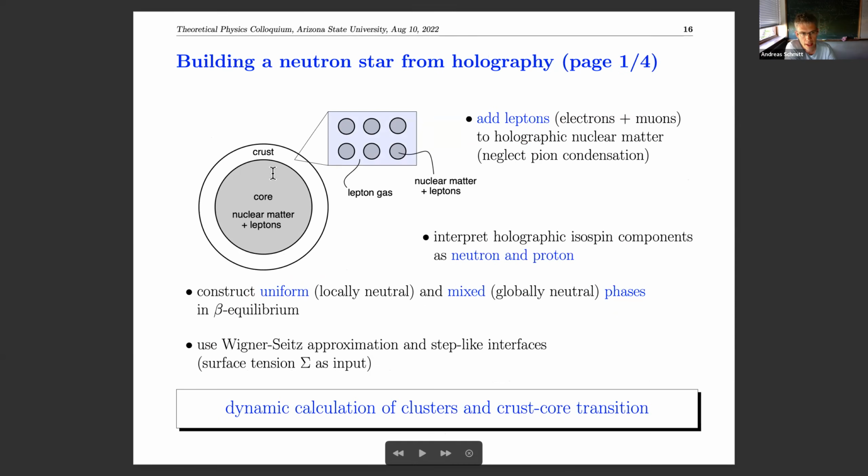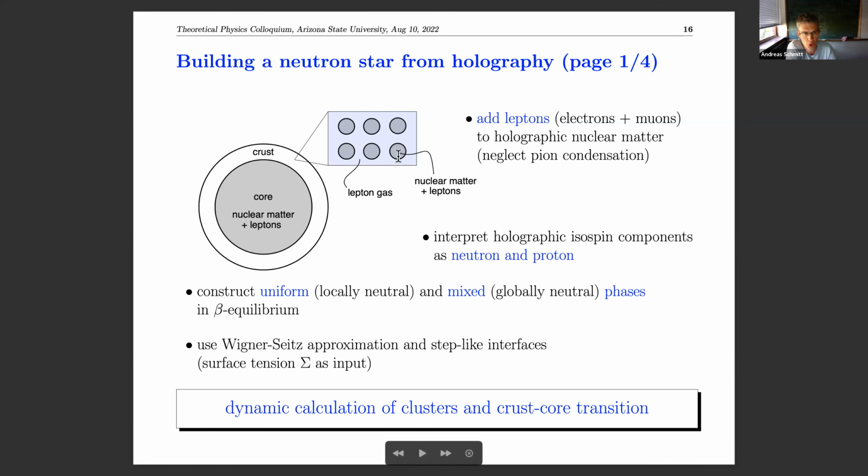That's easy. The crust, if you're not familiar with neutron stars, the crust is supposed to be very similar to a solid state on Earth, at least qualitatively. So we have a lattice of ions, if you wish, so nearly symmetric nuclear matter in these clusters here, and a lepton gas surrounding it, right?